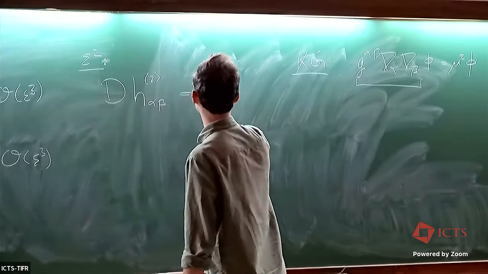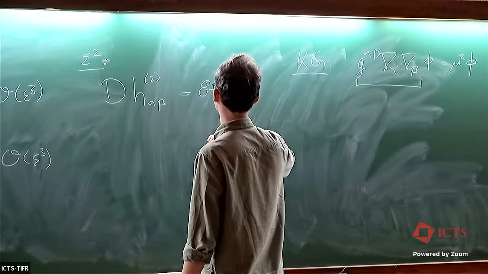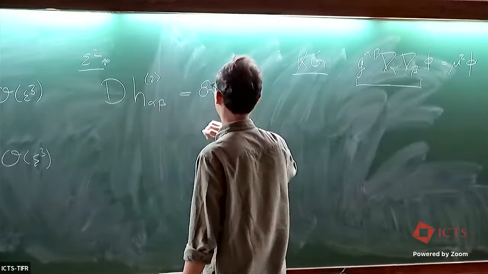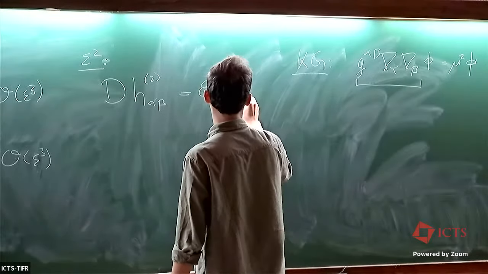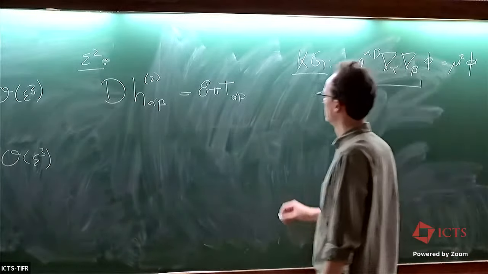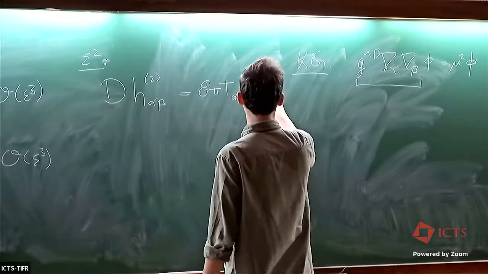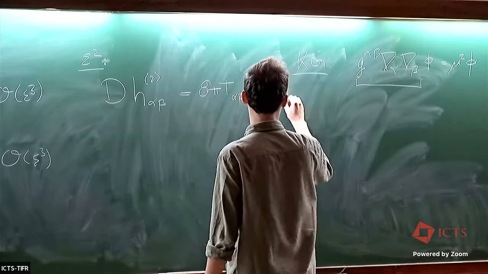And this will be equal to T alpha beta. And not just any T alpha beta, but the T alpha beta that depends on our superradiant states.